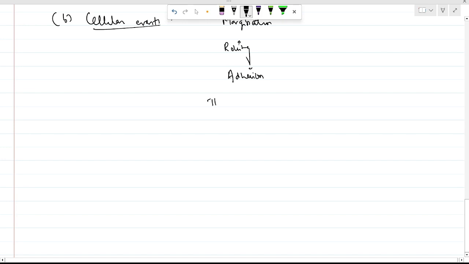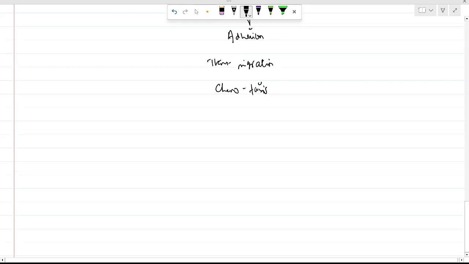Then there is, remember, transmigration, which is followed by chemotaxis. Chemotaxis is followed by this important opsonization, the penultimate step, and the ultimate cellular event is phagocytosis.